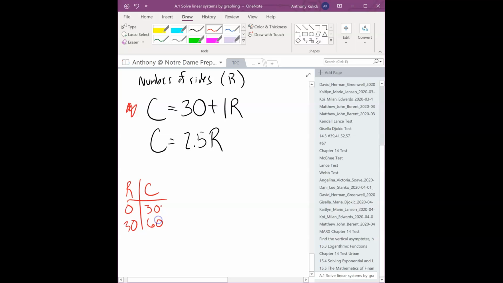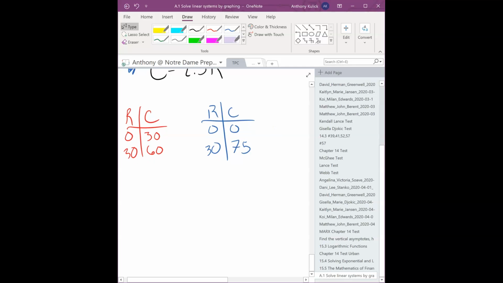Then this is 60. And this one we'll do in blue. So R and C. Because I have a feeling it's going to be a lot of rides before they have the same cost here. So when R is 0, C is 0. And when R is 30, C is 75. So let's go ahead and plot this.